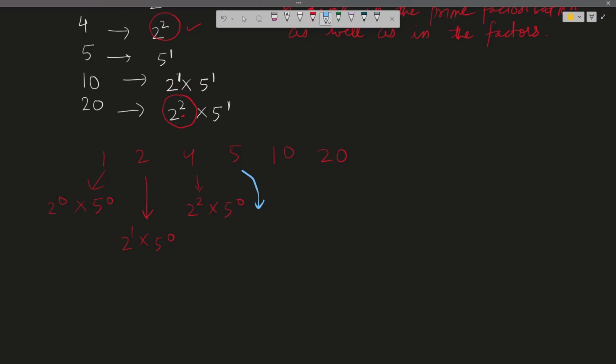Then 5 can be written as 5 to the power 1 into 2 to the power 0. 10 can be written as 5 into 2. And 20 can be written as 5 to the power 1 into 2 to the power 2.